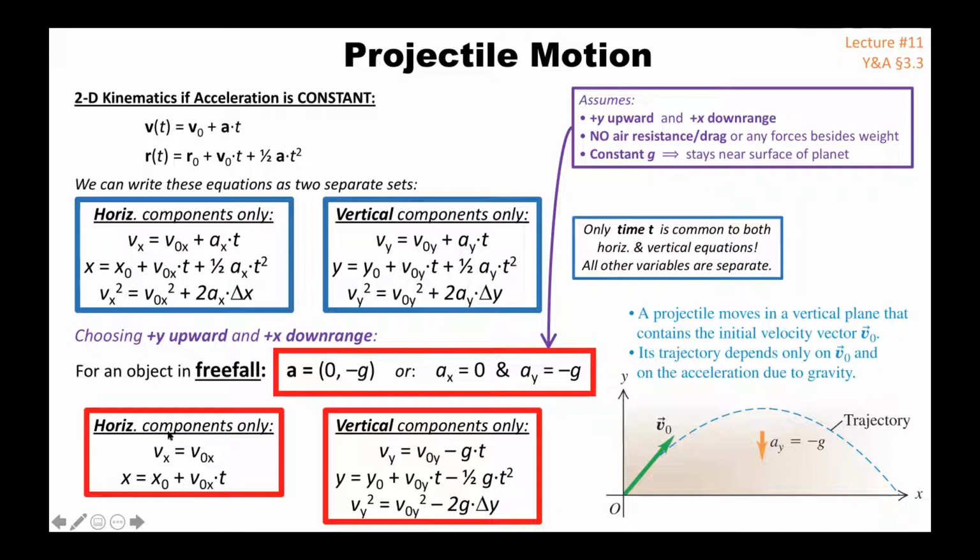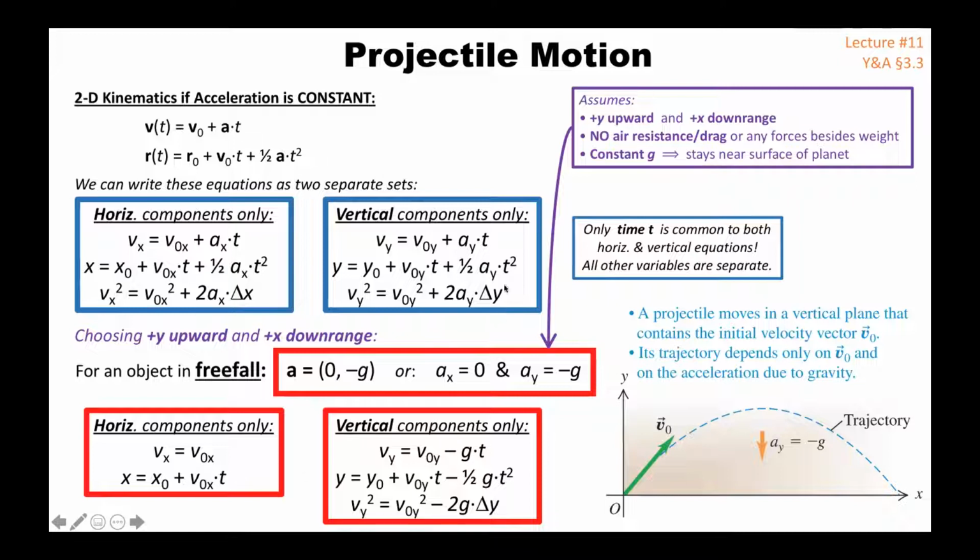In other words, the horizontal component of the velocity is constant. It undergoes 0 acceleration, so it's the same at all later times as it is at launch. And then the horizontal position or displacement just proceeds like something that has constant velocity, which is exactly true. Our projectile has a constant horizontal component of velocity at all times.